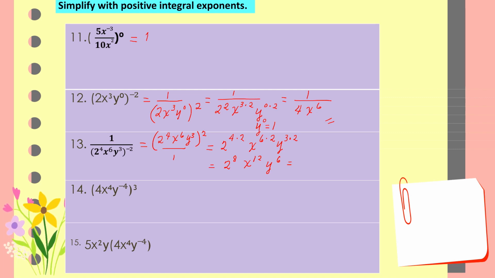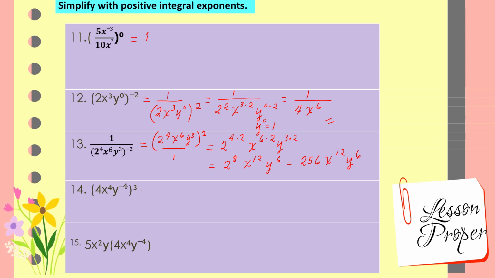It is equivalent to 256. And then, x raised to the 12 and y raised to the 6. Next, how about for number 14? So, again, use the power of a product.